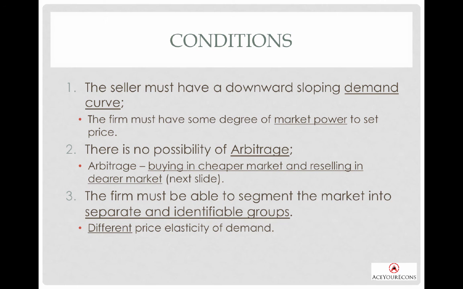But nonetheless, let's come back to here. We must be able to differentiate the market and identify different groups that have different willingness to pay, and the different willingness to pay will show you the difference in price elasticity of demand. For adults, no choice.